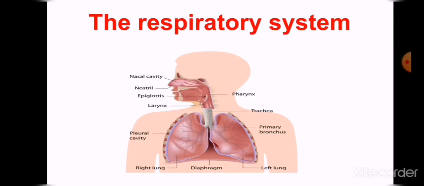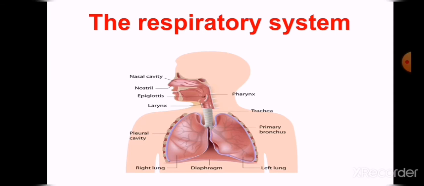And also you studied in junior 4 the respiratory system. The function of the respiratory system is that it's responsible for the respiration process, the breathing process. In the respiratory system, you breathe in oxygen gas and then breathe out carbon dioxide gas during the inhalation and exhalation process.